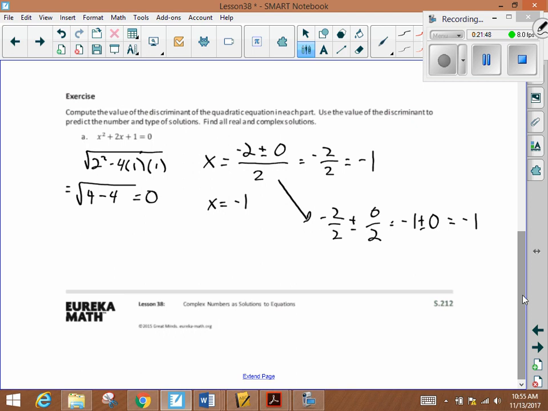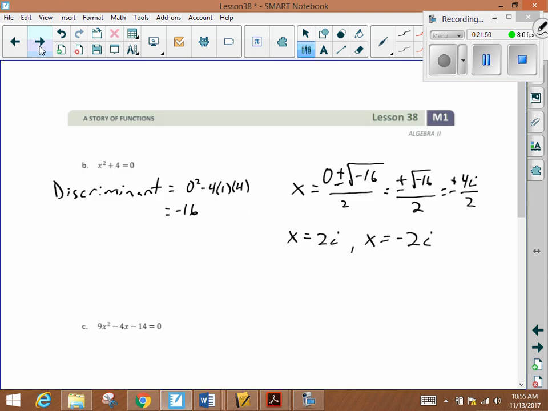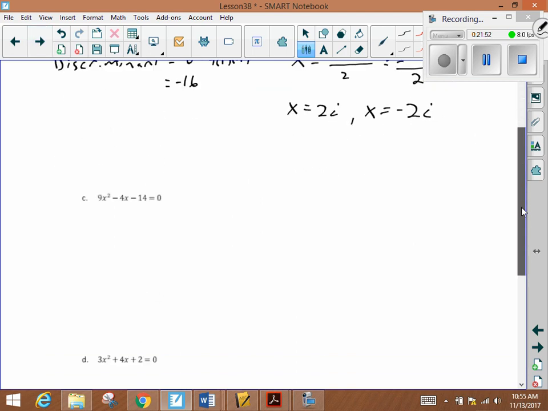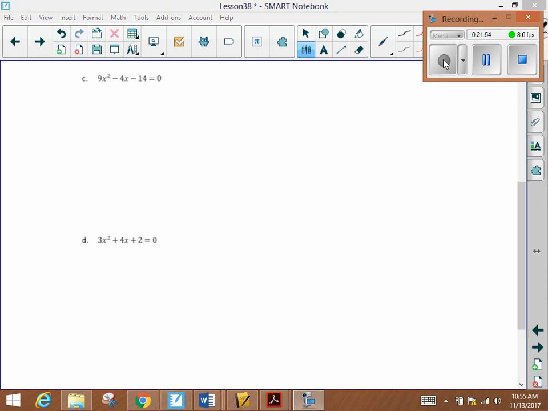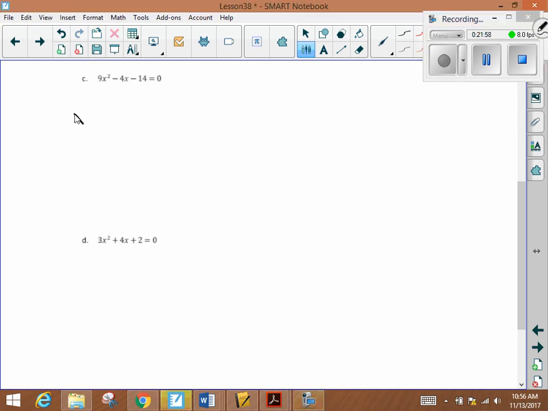All right. Let's go ahead and solve these now. So, negative b, or the opposite of b, plus or minus the square root of b squared minus 4 times a times c, all divided by 2 times a.